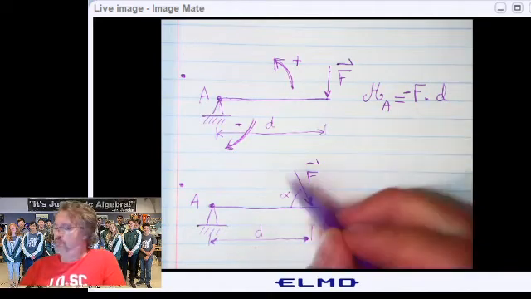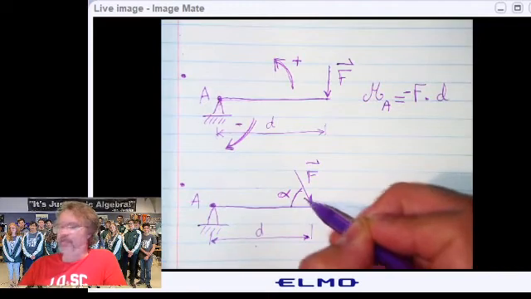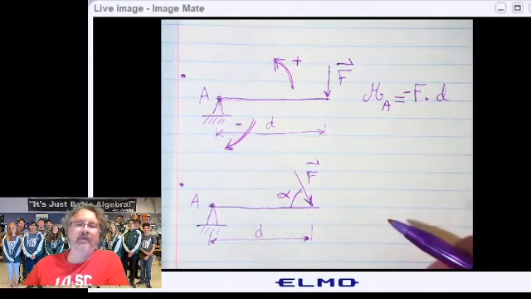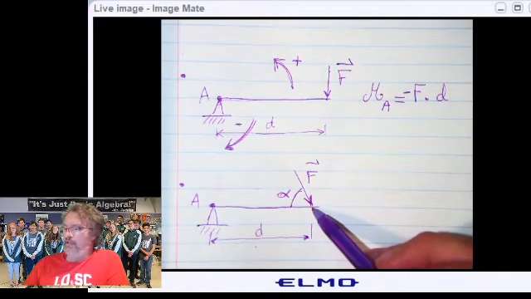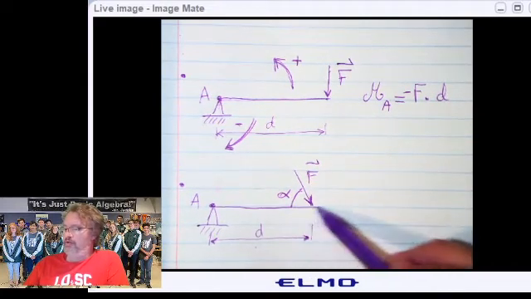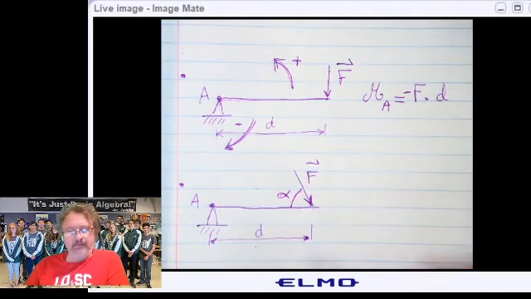Okay? Now if you look at the second problem, you will see something slightly different right here. You will see that the vector F is not perpendicular to this bar. It is at an angle alpha.